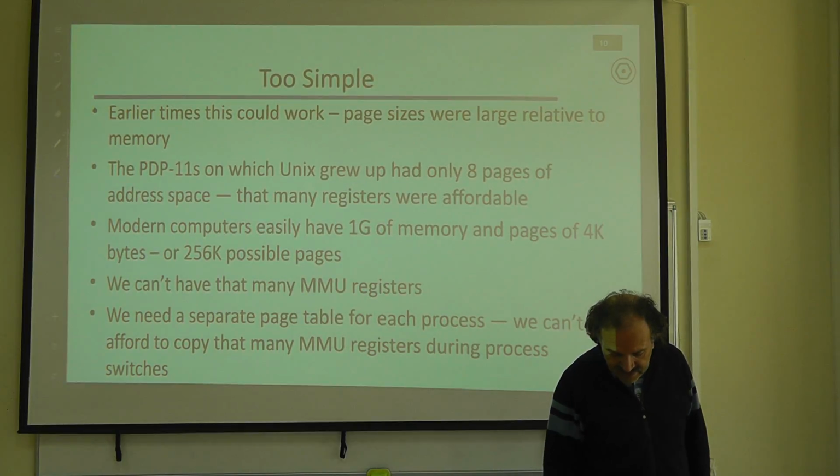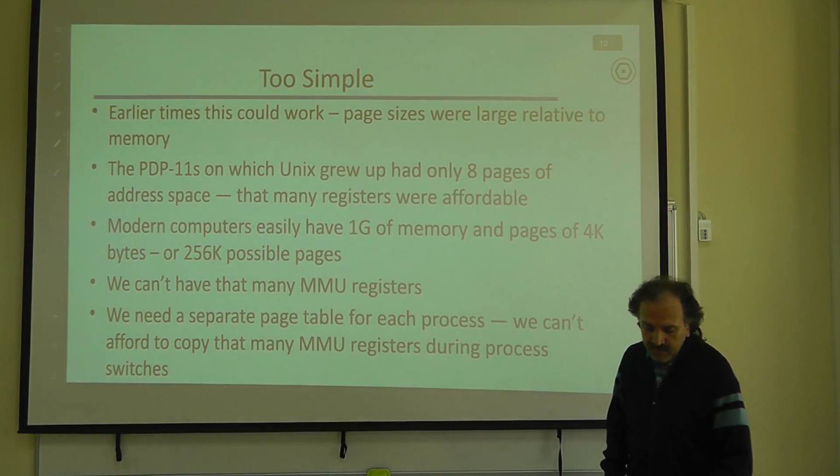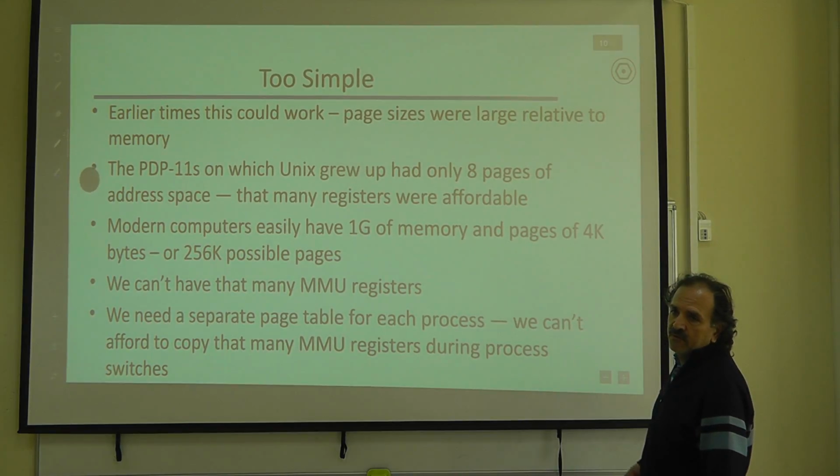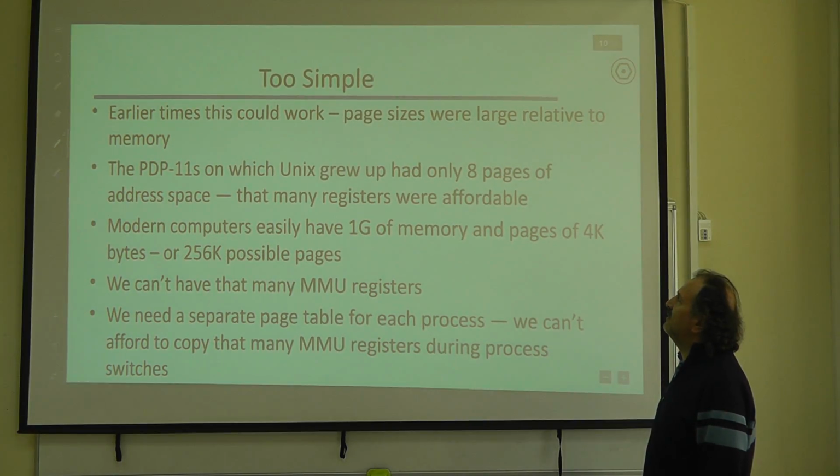On the PDP-11, one of the most popular computers where the Unix system was developed, it has 8 pages of address space. So it was very similar to the example that we used.